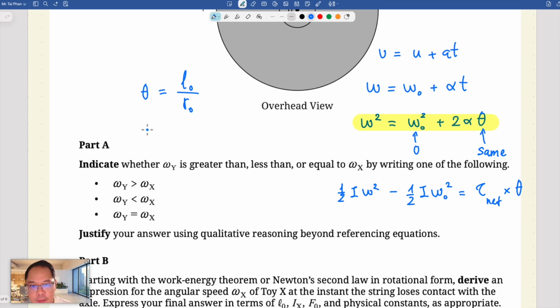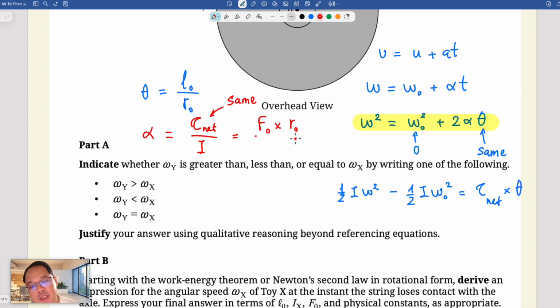And alpha, another key idea: angular acceleration is the total torque acting on each toy divided by moment of inertia I. Okay, the torque here will be the same torque, because that torque is the force, which is the same F0, multiplied by the perpendicular distance from the axis of rotation to the force, which is R0, the radius of the upper portion.